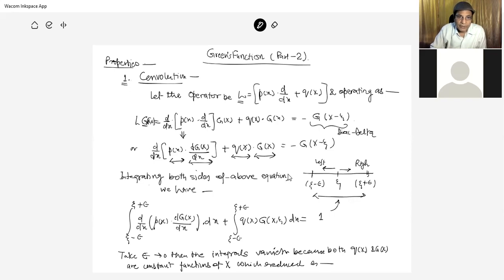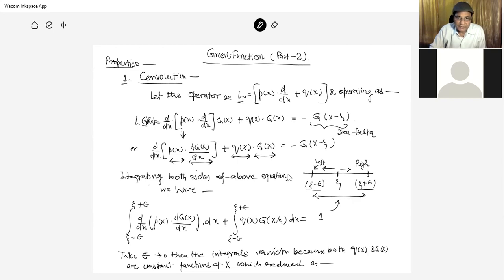Integrating both sides of the above equation, we integrate with certain limits. The left limit is xi minus epsilon, and the right limit is xi plus epsilon.